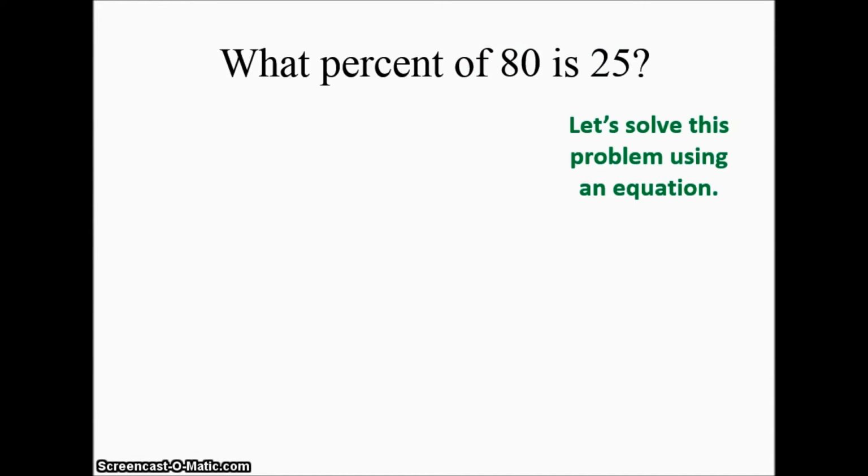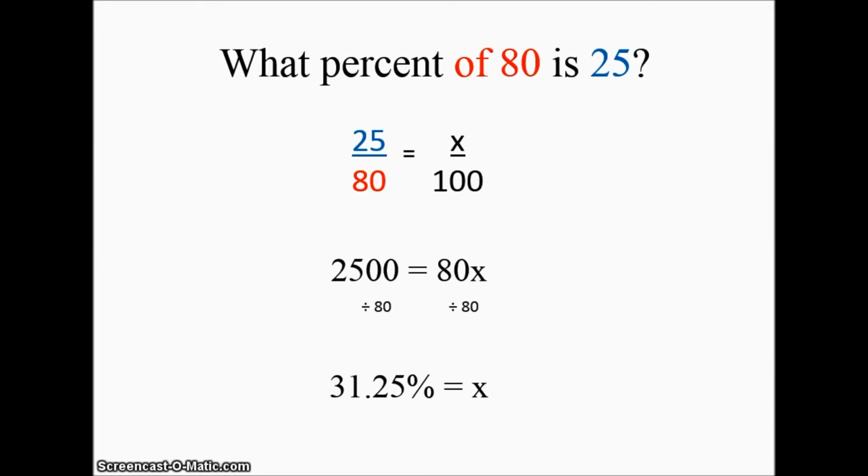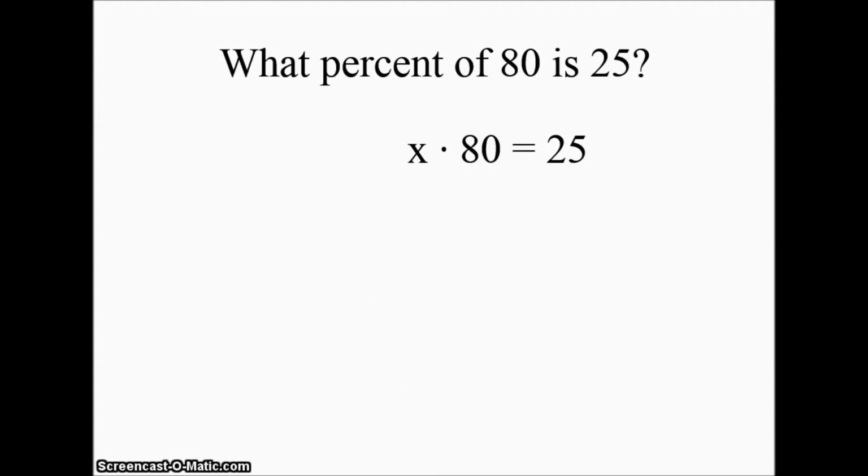But let's solve this problem using an equation and see what we've got. We noticed in the previous problem that I ended up really having a division problem, or a one-step multiplication equation where I had to solve using division. But let's look at this equation that I've written here.